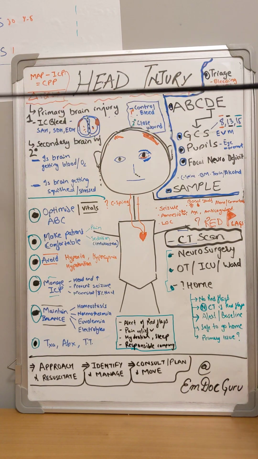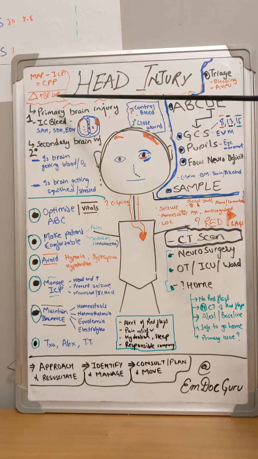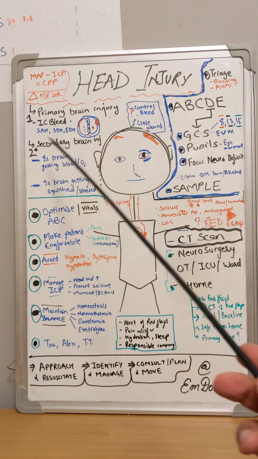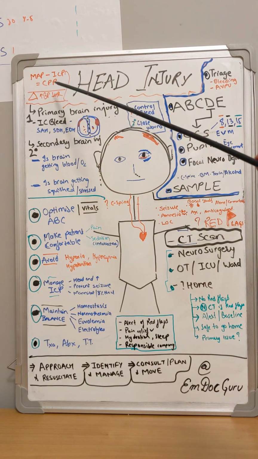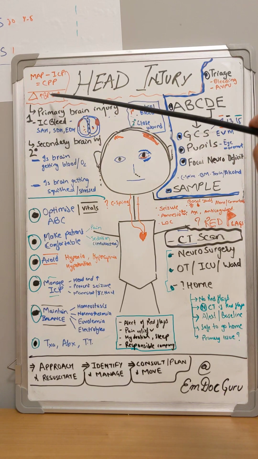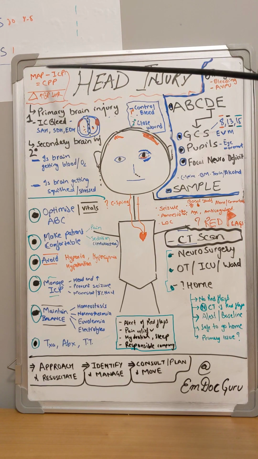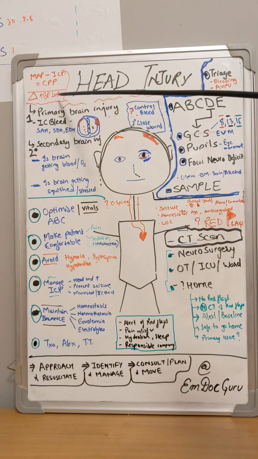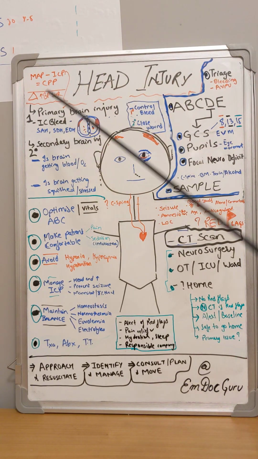Of course, a person's behavior or sensorium would change earlier, or they may vomit. But Cushing's reflex, just for you to understand, if somebody is having very high blood pressure along with bradycardia, that may be a late sign, and that means you need to do something to reduce their intracranial pressure.